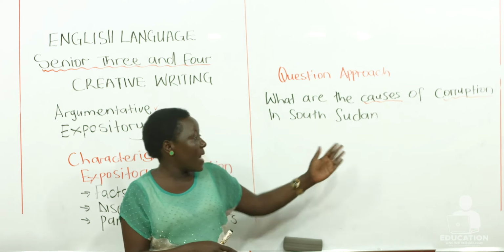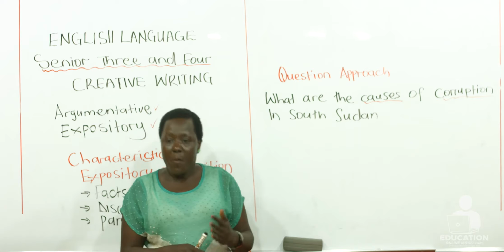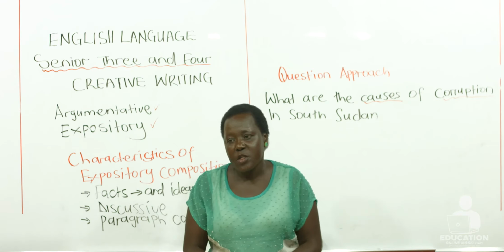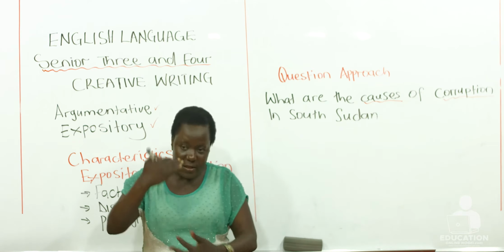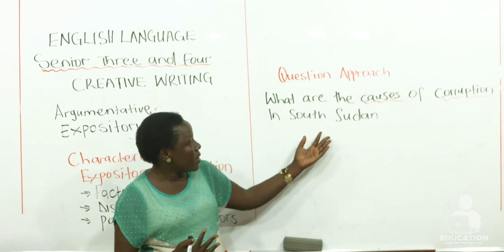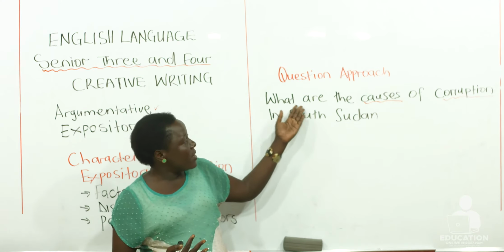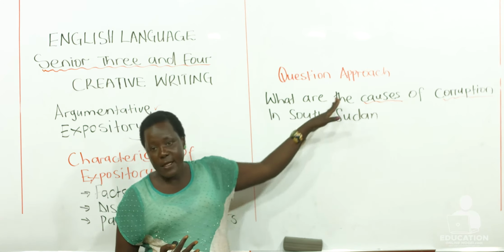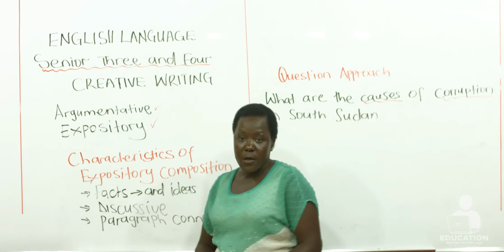Yet, the money is supposed to be shared by the grassroots people. So you keep writing, but developing it in paragraph form. That way, you would have answered this type of question, which we said is an expository question.